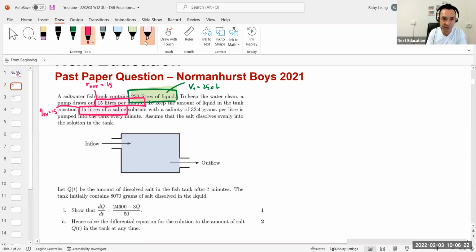Not only that, they give you a different salinity, or different concentration, that is pumped in. This is C in. They don't give you C out, because C out is just the concentration of the tank. They don't give it to you because it's not constant. It's the only thing that is a variable, a function of either M or M and T, depending on the flow.